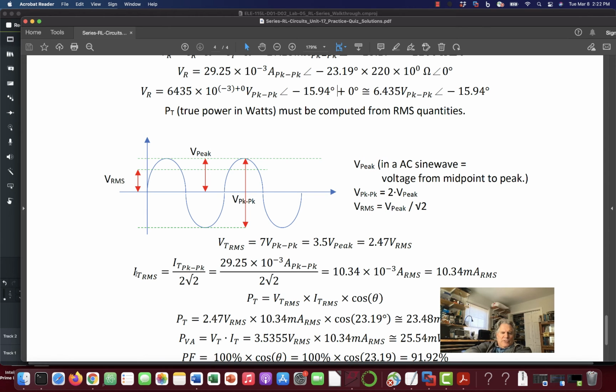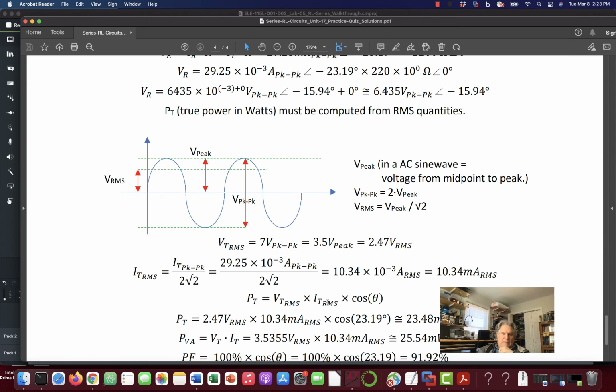We do the same thing with the current. We've got to get the RMS current. I've got a peak-to-peak current, so I divide it by 2 to get to peak, and then divide it by the square root of 2 to get it to RMS. I run through all that and I get 10.34 milliamps RMS. Now I can multiply those together and keep the phase angle there, because if this were a DC circuit, I'd be done just multiplying the two factors together, voltage and current.